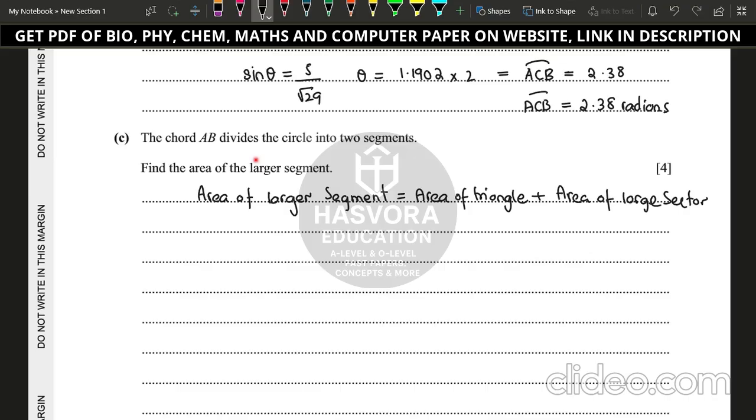Now for the triangle, I am going to apply half AB sine theta, because we know A and B, which are the radius, under root 29. So half, A is under root 29, and then again under root 29, and sine theta. So sine is going to be of the 2.38, because it was the angle of the smaller sector, and then we are going to add the larger sector.